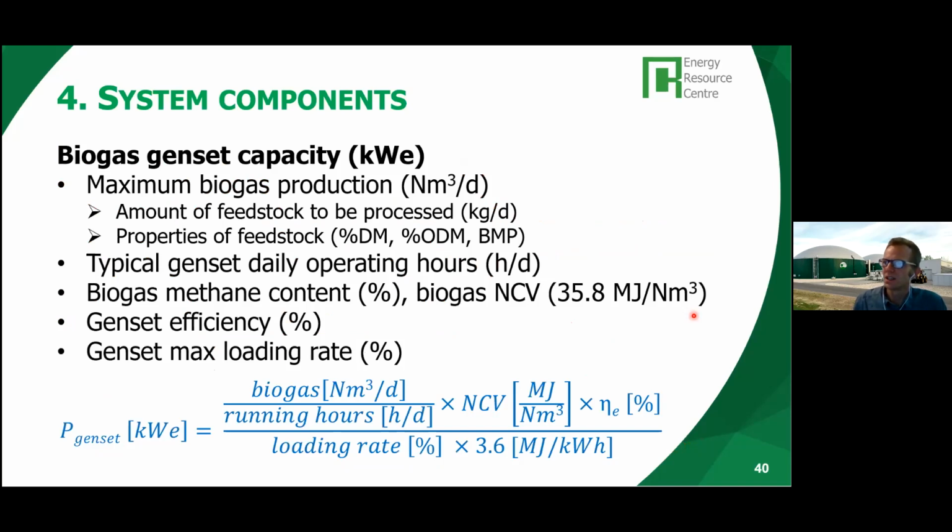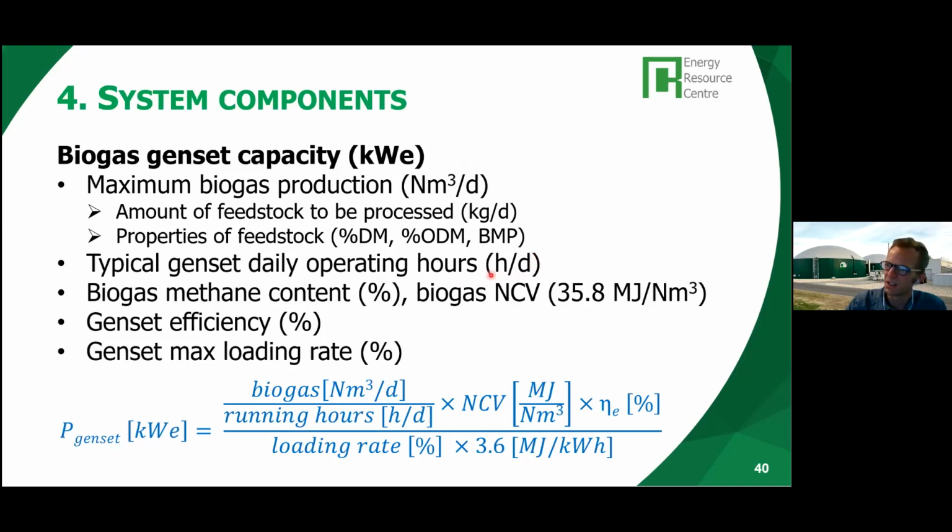Moving forwards to generator capacity calculations for biogas systems. Typically you base them on the maximum biogas production rate in cubic meters per day, in combination with the number of operating hours of a generator, so the hours per day, and the two combine into a certain hourly gas consumption of your generator.